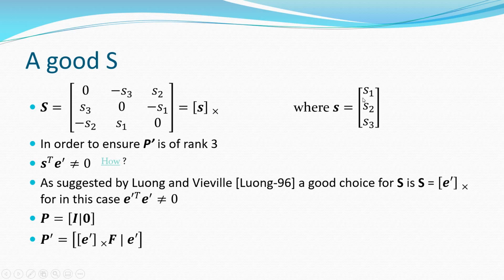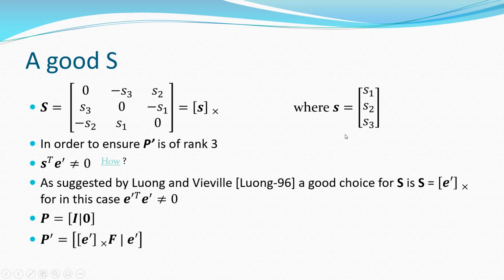So now S is some 3-dimensional vector, S1, S2, S3, and if you put this in the cross product notation, you can get a skew symmetric matrix like this. So you can have any vector S and make its corresponding skew symmetric matrix, but ensure that this condition is satisfied.